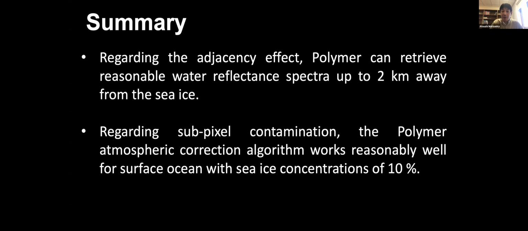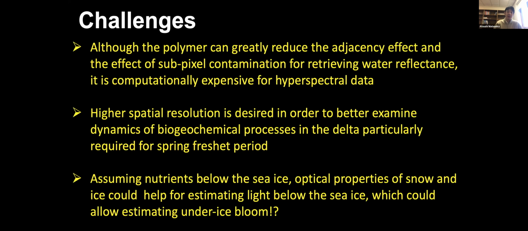So this is a summary. Basically, I'm saying that the polymer works better, especially for these icy waters, for both adjacency effect and also subpixel contamination. But there are some challenges, of course. As I said, polymer does a better job for this adjacency effect, but it is computationally expensive.